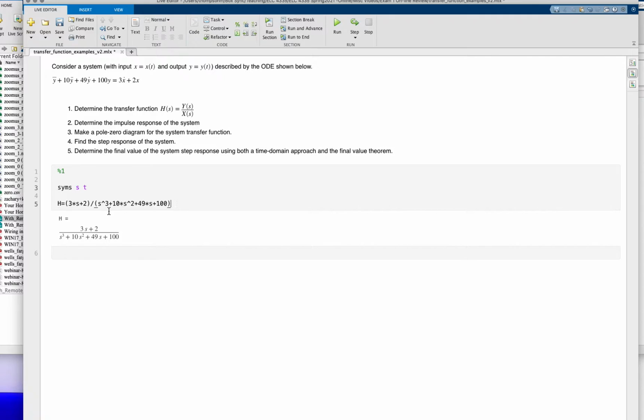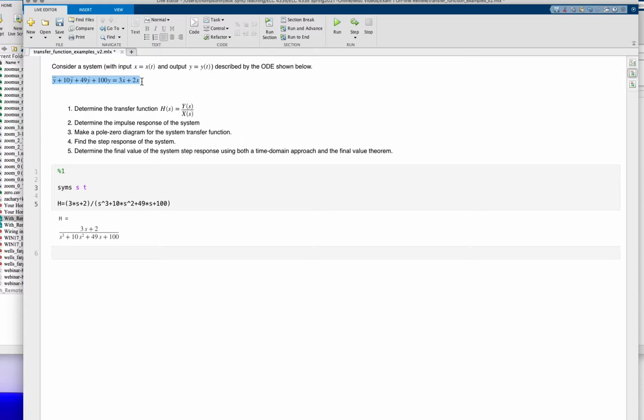I've already typed in the equation for the transfer function because I've done this a lot of times. I think you've done it when you've done your homework, and you can just write this down by inspection. If you took the Laplace transform of this equation, every time you see a derivative, you add a power of s. So there would be s cubed y plus 10 s squared y plus 49 sy plus 100y is equal to 3sx plus 2x, where all these are the Laplace transform of the appropriate signal.